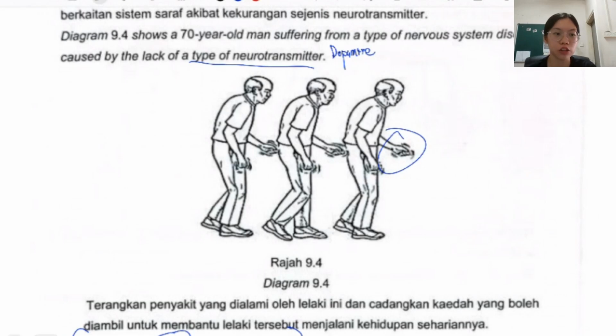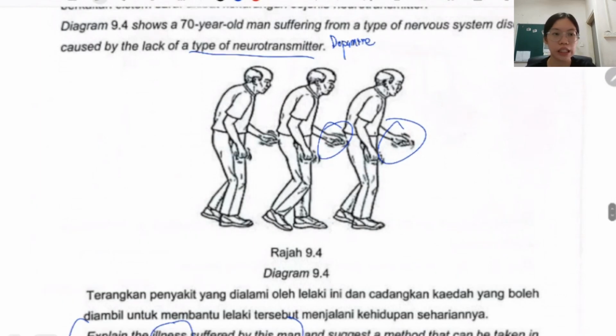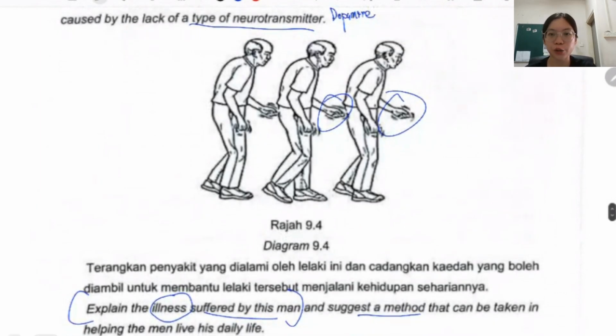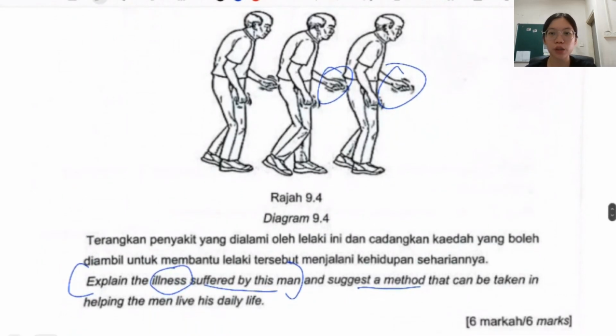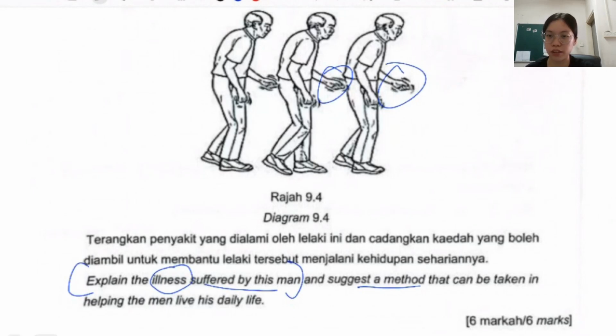When you lack dopamine, it will affect your nervous system. How does it affect? It causes trembling of the hands and limbs, so it is very hard to balance the body and posture. That explains the illness.